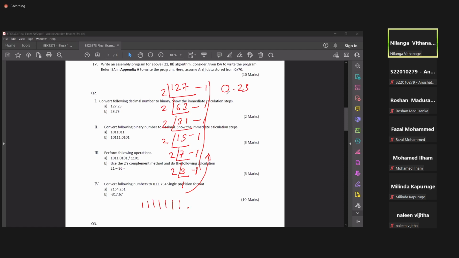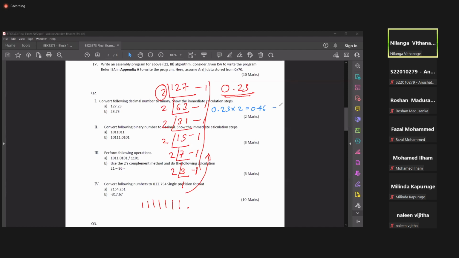Then here, this is the fractional part. Here you divide by 2, but for the fractional part, you have to multiply by 2. 0.23 multiplied by 2, the answer is 0.46.